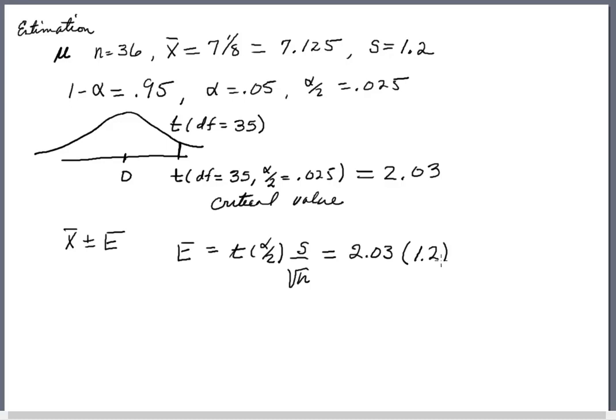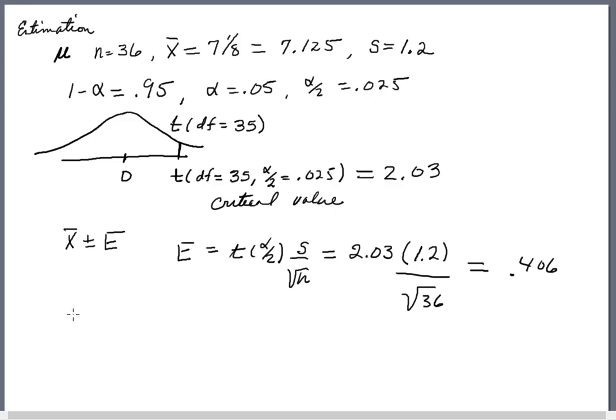So that would be 1.2 divided by the square root of the sample size, which is 36. So now we've got just an arithmetic problem. We'd use our calculator and we'd calculate 2.03 times, since the square root of 36 is 6, this would be 0.2. 2.03 times 0.2 would be 0.406. So that's E, the maximum error of our estimate, or sometimes called the margin of error.